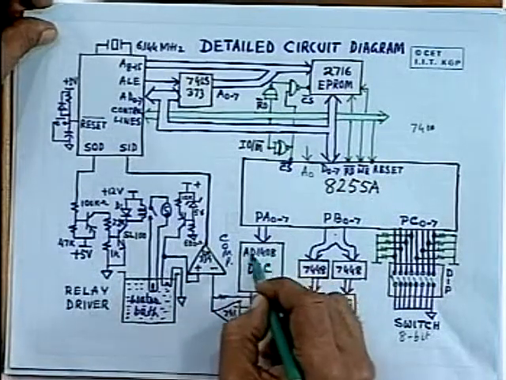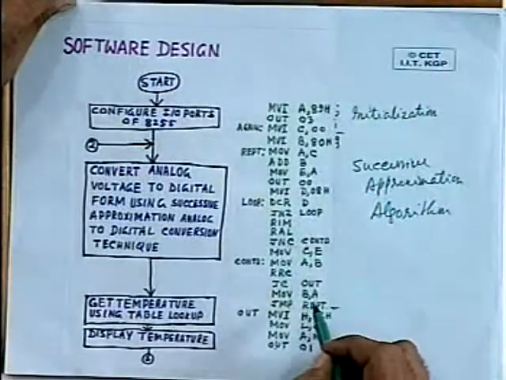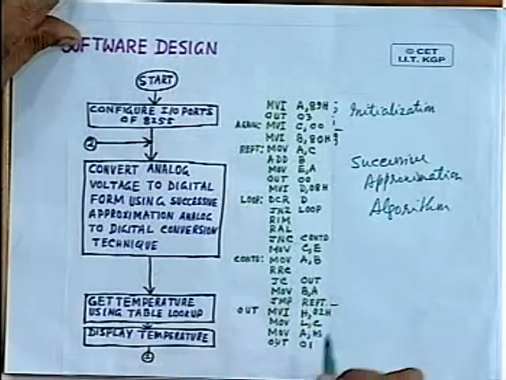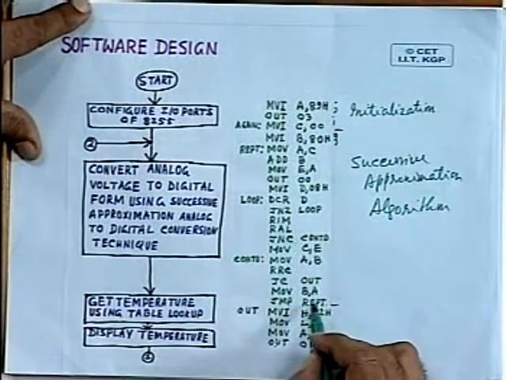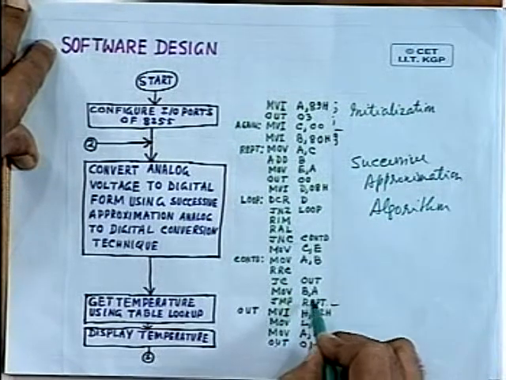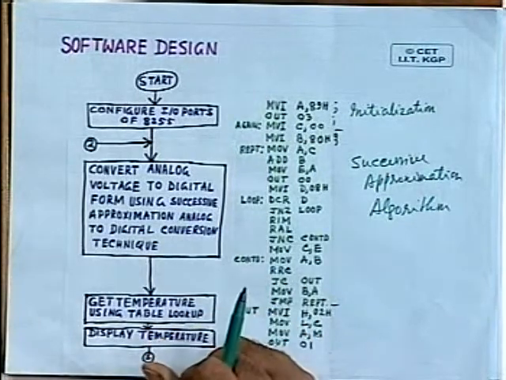That digital value is available here in port A. From that value, we have to get the temperature. How do you do that?